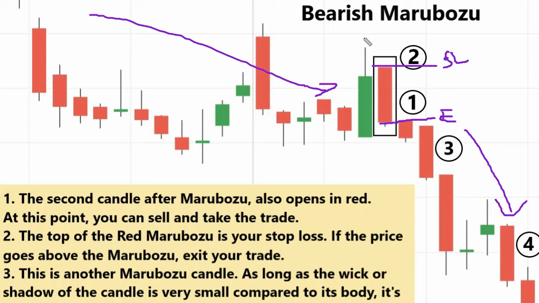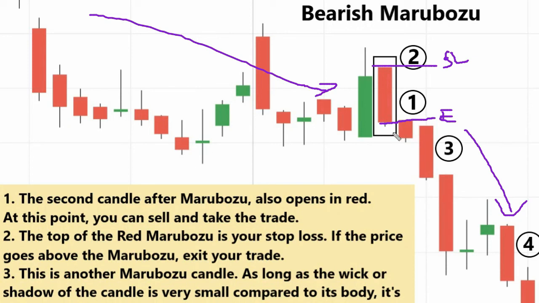The psychology of this trade is that the sellers are highly active and pushing the price down. Suddenly one big green candle appears, which means buyers have taken entry and are trying to push the price up, but again sellers dominate the buyers, and buyers are not able to compete with the sellers, because in the Marubozu candle we can see open is equal to high and closing is almost equal to low.